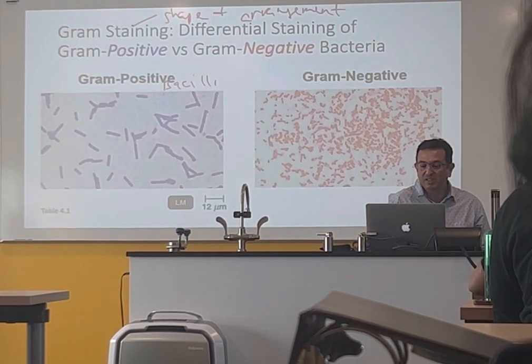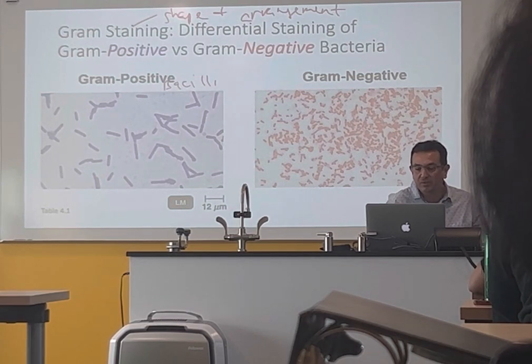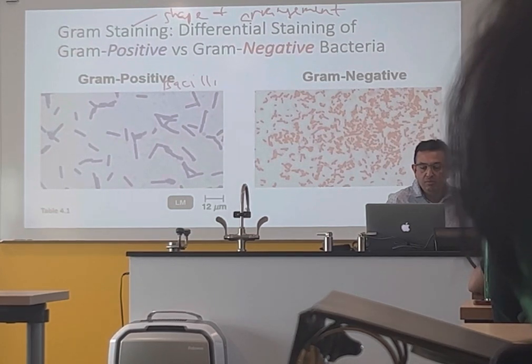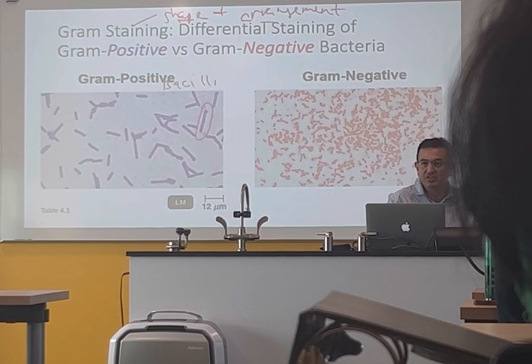Here, these are also bacilli. People are like, oh, well, trust me, they're bacilli. They're just very short bacilli, right? What's the arrangement of something like this? Streptobacilli. So you see how you can tell shape and arrangement from the staining procedure.